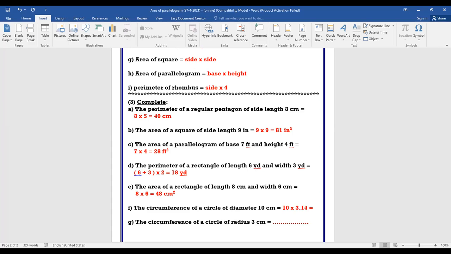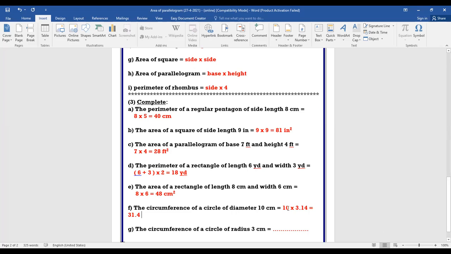When we multiply by 10 we move the decimal point 1 digit to the right. This will be 31.4 centimeters.